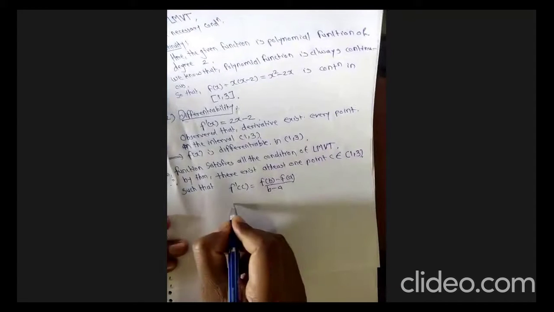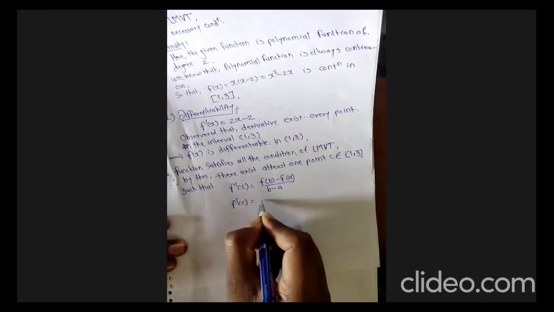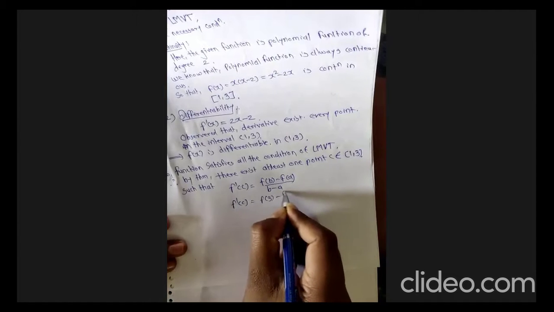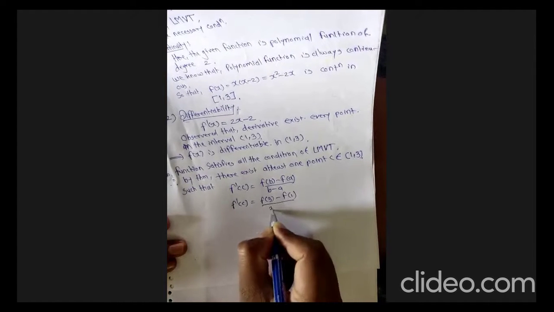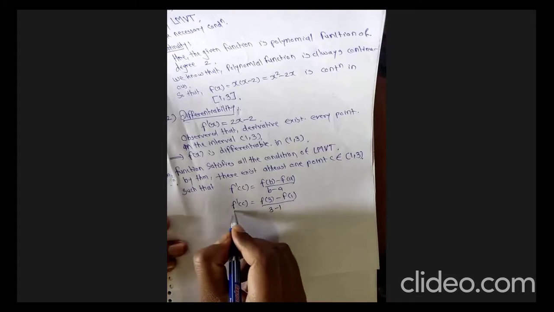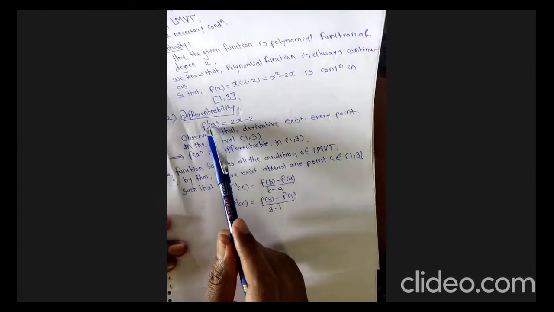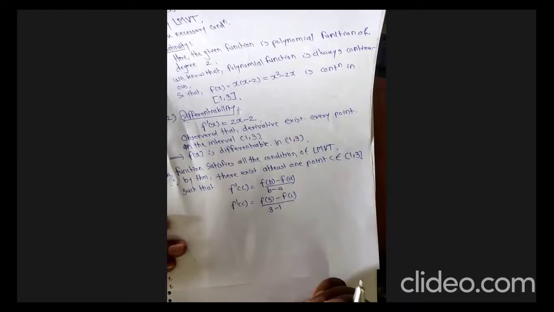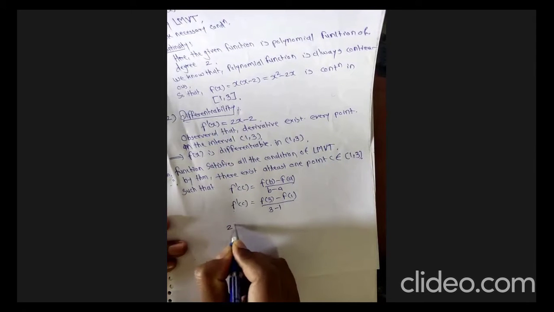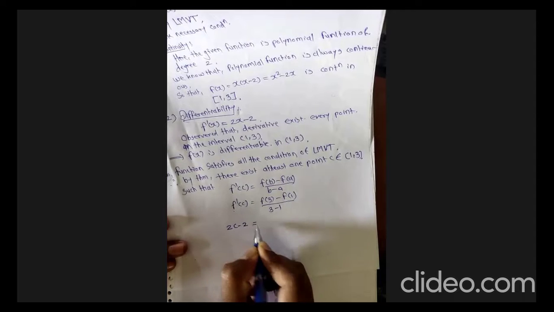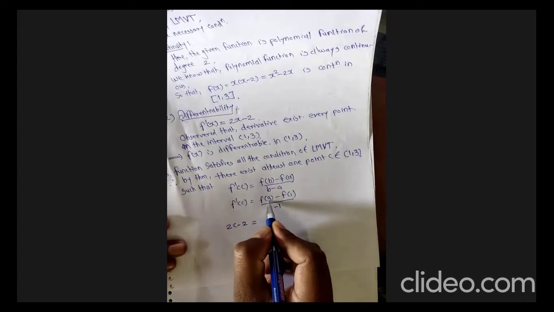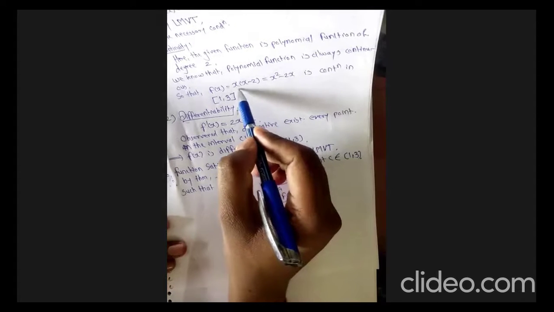Here the points A and B are 1 and 3, so f'(C) is equal to (f(3) minus f(1)) divided by (3 minus 1). So f'(C) is nothing but the value of f'(x) at x equal to C. Here we get 2C minus 2. The function f(x) is x into (x minus 2).